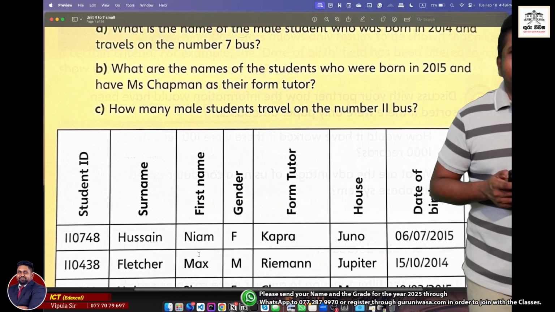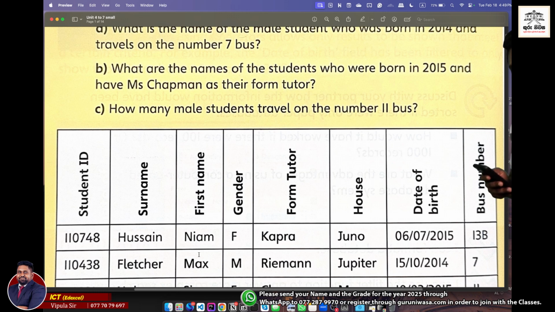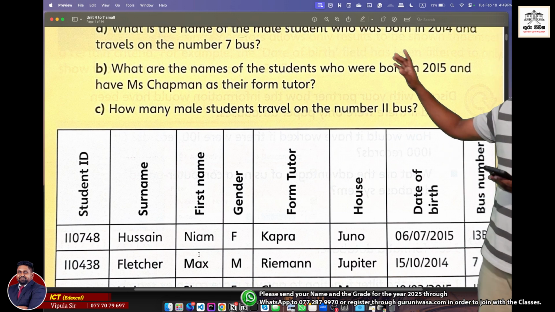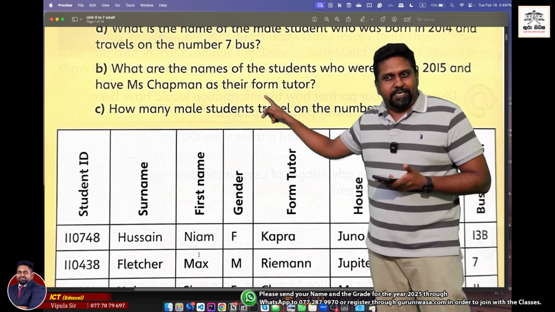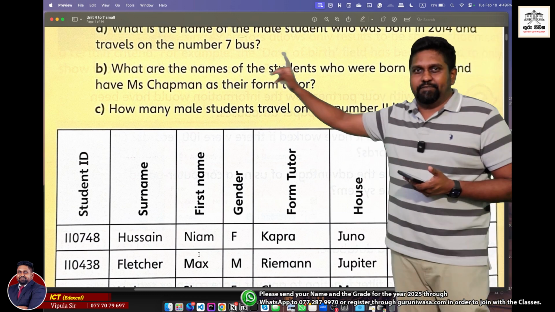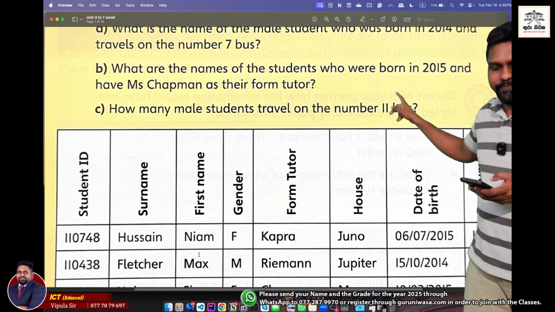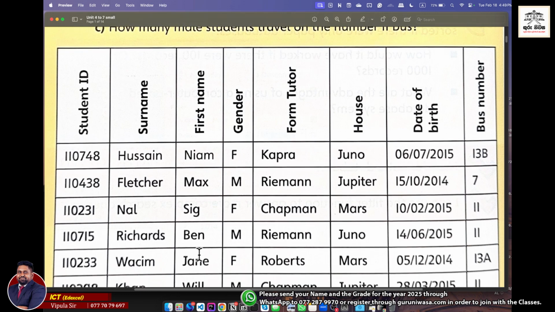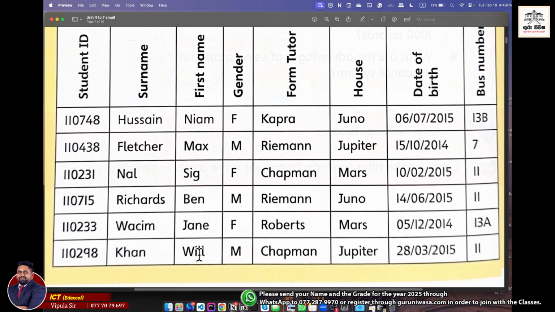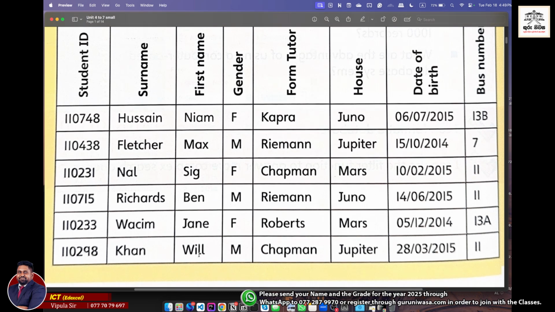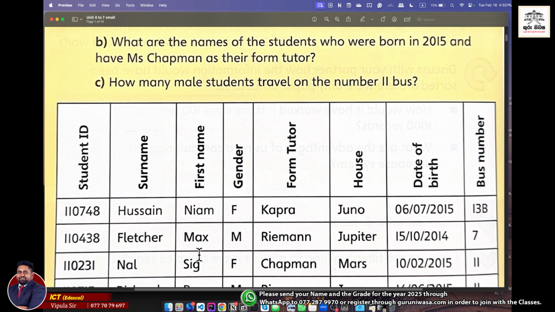So, the last question. It's again similar to the first one where we search for the male students. But in this case, what we are looking for is male students' bus number, right? So there are two filters. One is male, the second one is the bus number. So here, if we go down, what would be the answer? Male students in bus number, this is 11, right?